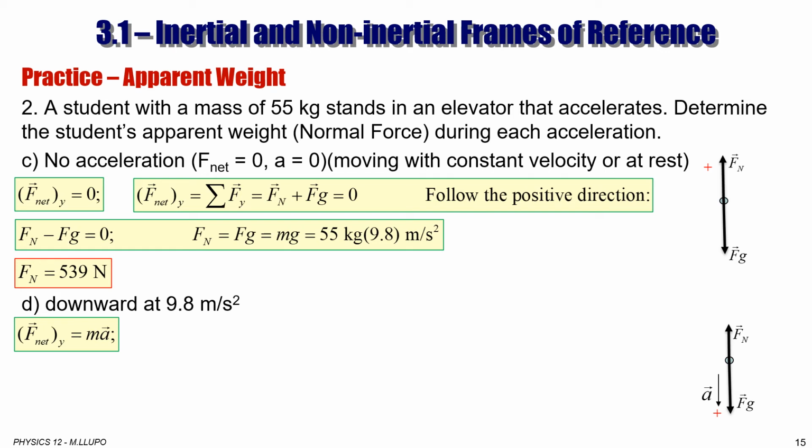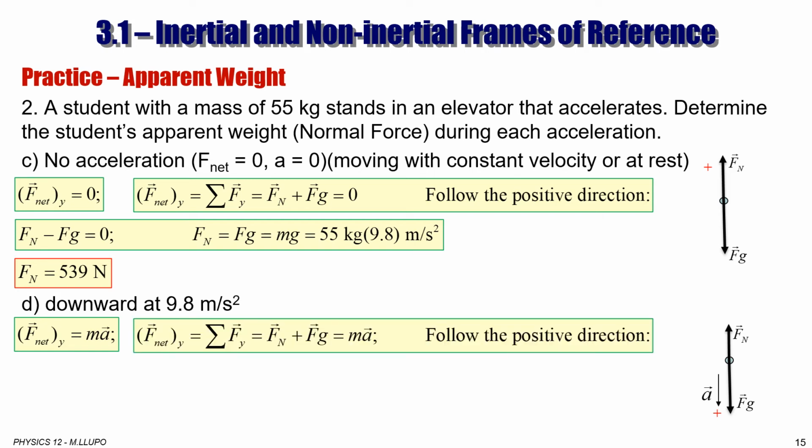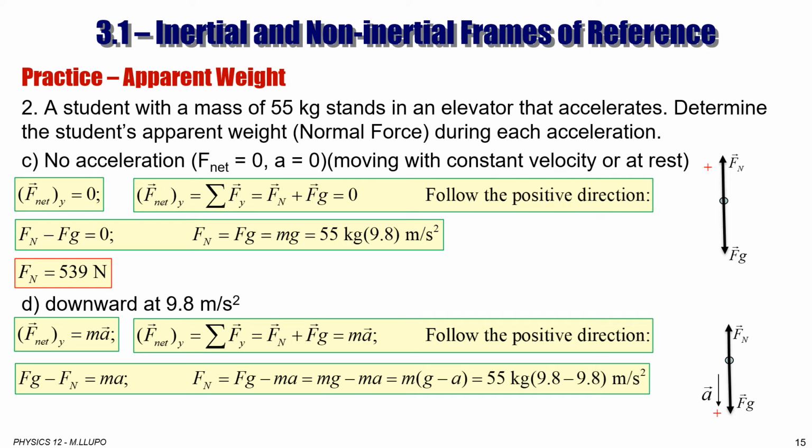Fn is equal to Fg minus ma. We know Fg is mg, minus ma. And we can factor m, and what is left is g minus a. Then we plug in numbers. g is 9.8 and a is 9.8. So it's 0. 0 times 55 is 0. That means the normal force is 0. So although we did the right thing to draw a normal force, in a free fall there's no normal force because nothing is holding anything. Everything is falling at the same rate.